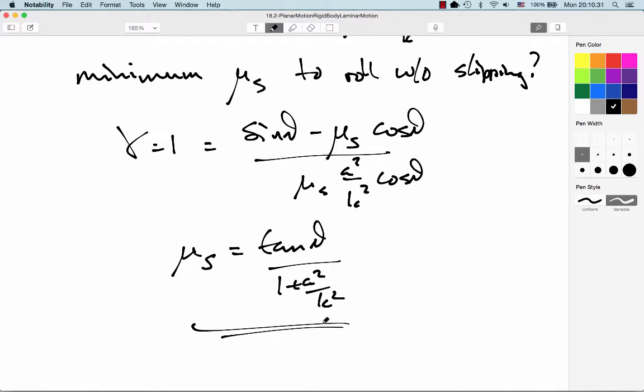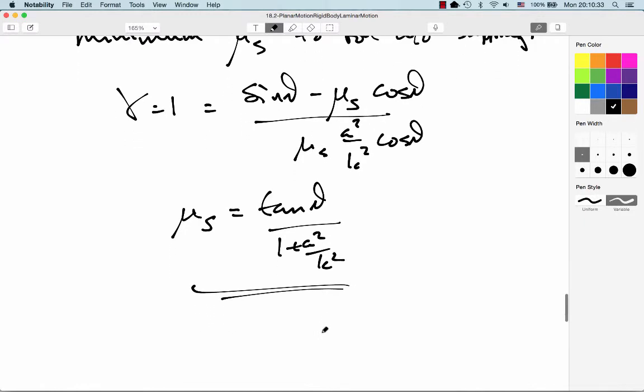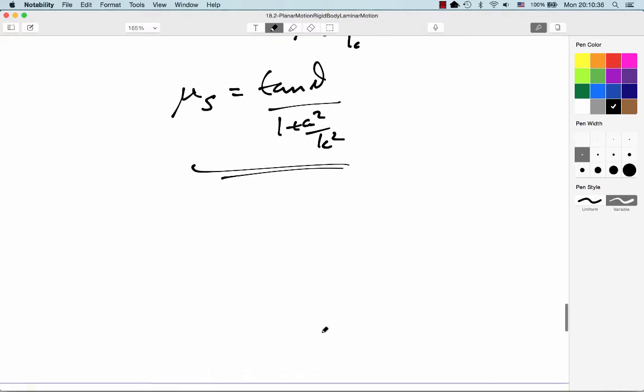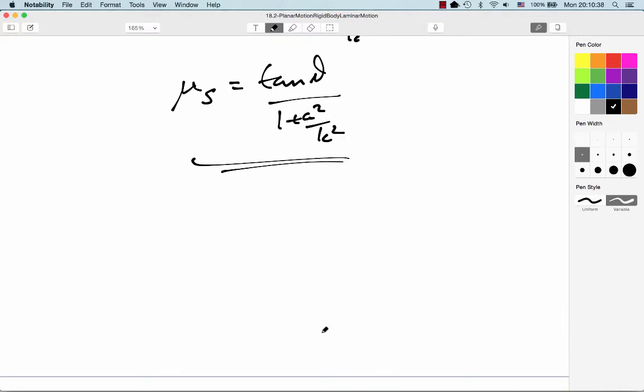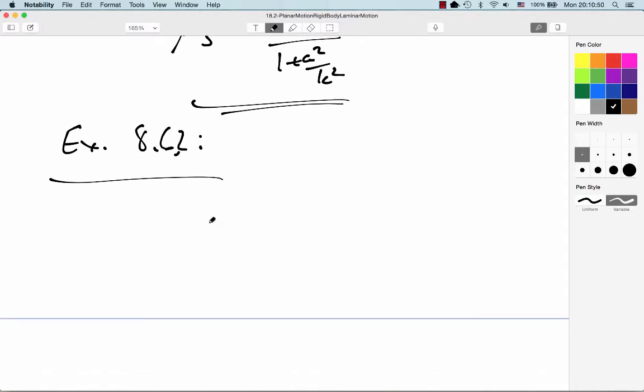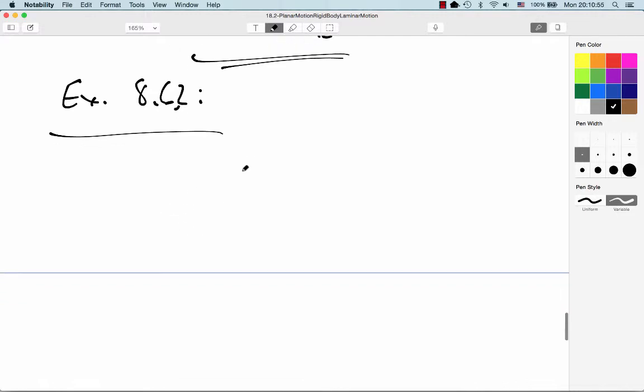Alright, I would like to conclude this video here by revisiting example 8.6.2 from your text. So in this example, you have a large cylindrical impression and you're rolling a cylinder in it, although I'll try to be more generic at first.